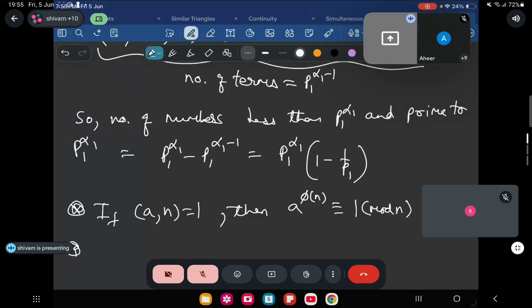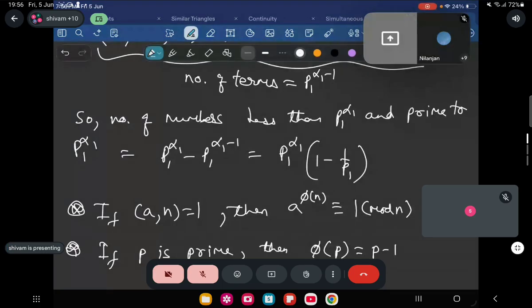You see that if p is a prime number, then what is phi of p? Tell me, everyone. How many numbers are there which are less than p and prime to p? Sir, p minus 1. P minus 1, absolutely correct. Right or not?